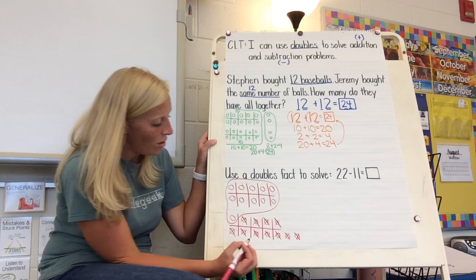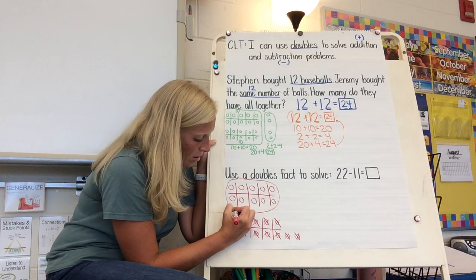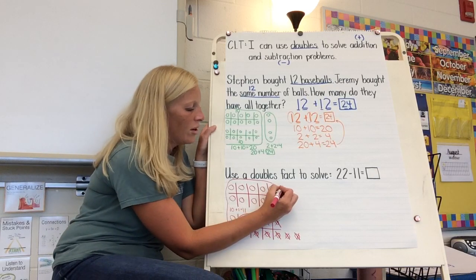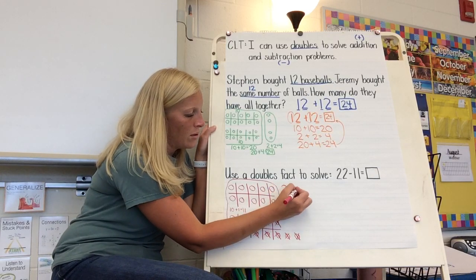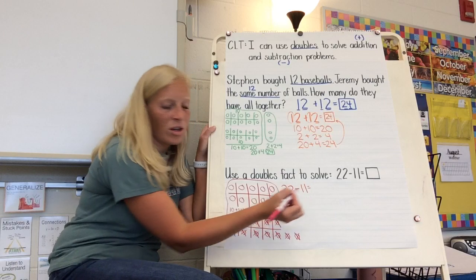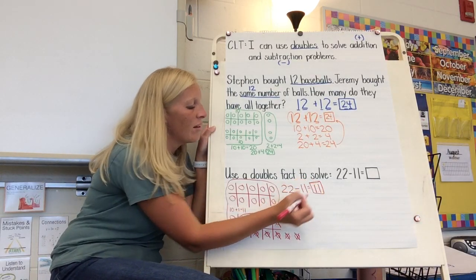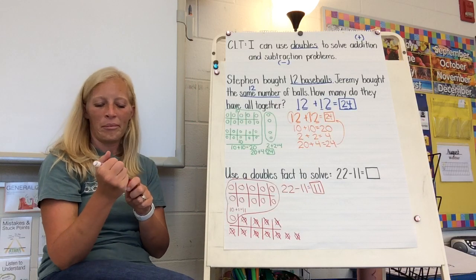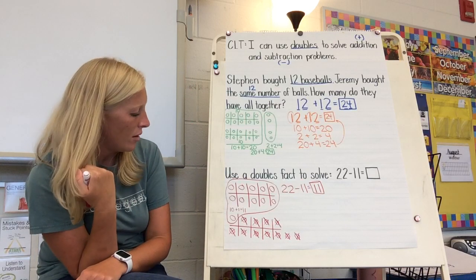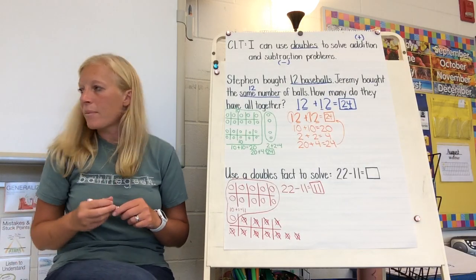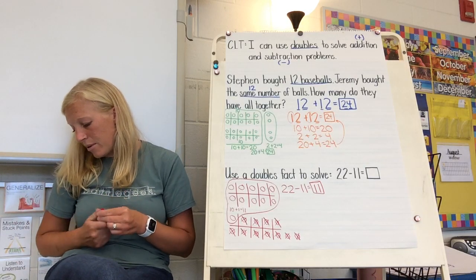And one more is 11. So you started at 22, took away 11, and what did you have left again? 11. Very good. Okay. Go ahead and go back to your seat.